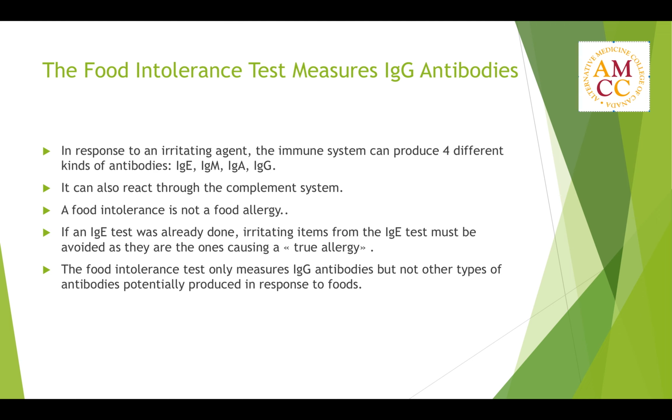The immune system also has the ability of reacting through what is called the complement system. That is a slightly different pathway than the antibody pathway, and that is again not measured on the IgG test.